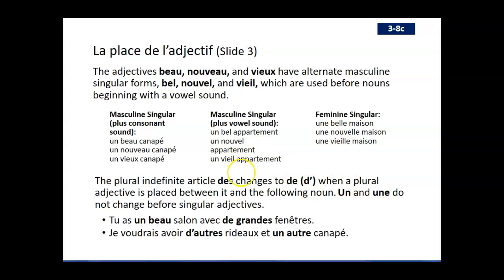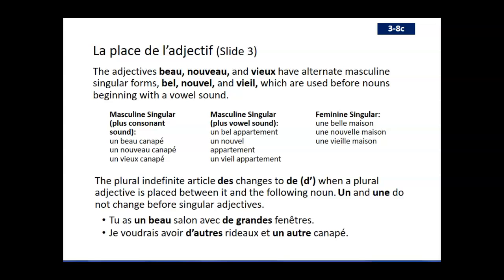Okay, and the plural indefinite article des changes to de when a plural adjective is placed between it and the following noun. So the sentences we see here might give us some good examples of that. Tu as un beau salon avec de grandes fenêtres. Okay, so in this case, let's say I take out the adjective.